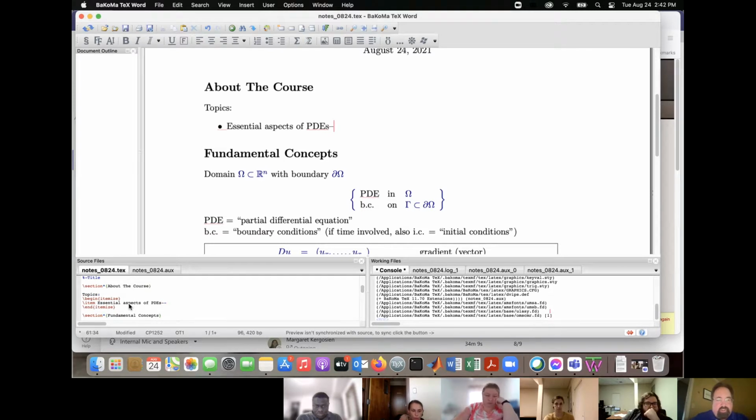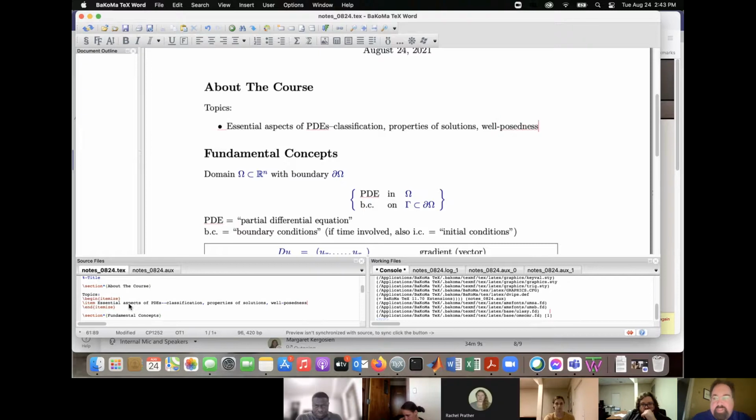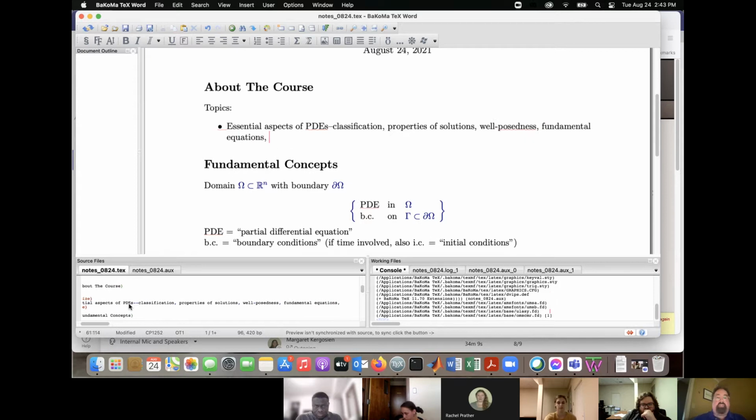Certain essential aspects come first: how we classify PDEs, properties solutions are supposed to have for certain fundamental PDEs, well-posedness, what it means for a PDE to be well-posed, and certain PDEs of importance.